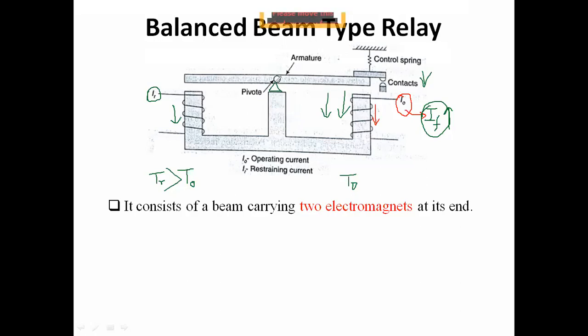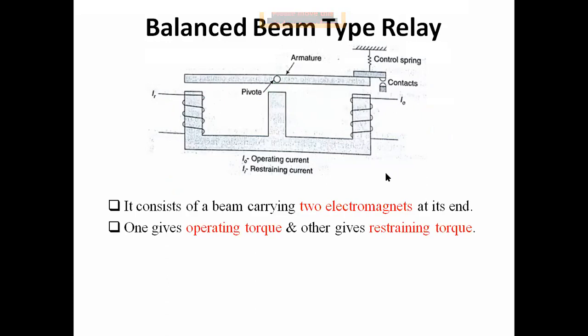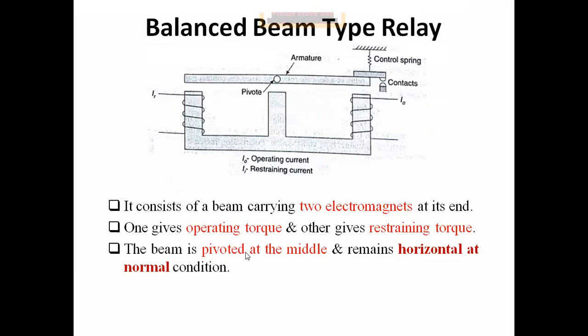Now this is pivoted at the middle. You can see here, it will move downward either on the left side or on the right side. So the right side coil is taken as the operating coil. One gives operating torque and another gives restraining torque.